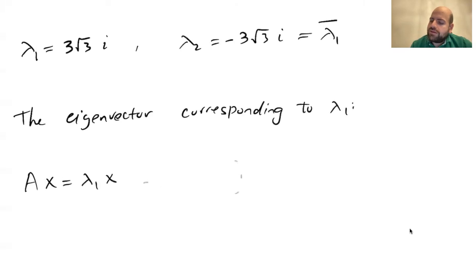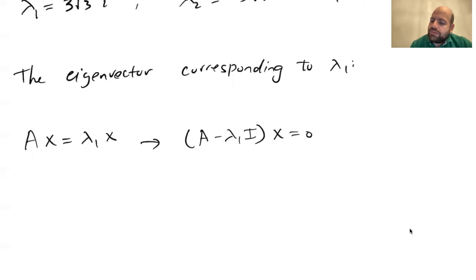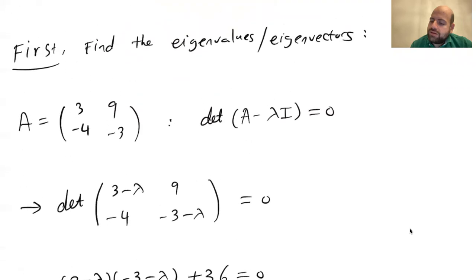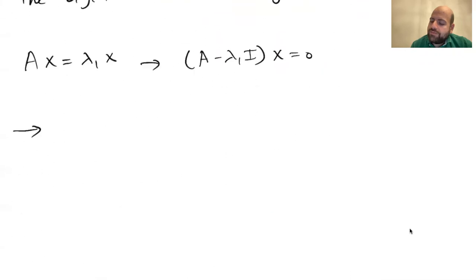Or I can also write it as A minus lambda 1 I times x equals 0. So A here was 3, 9, minus 4, minus 3.